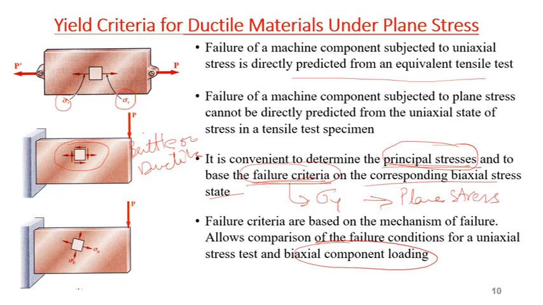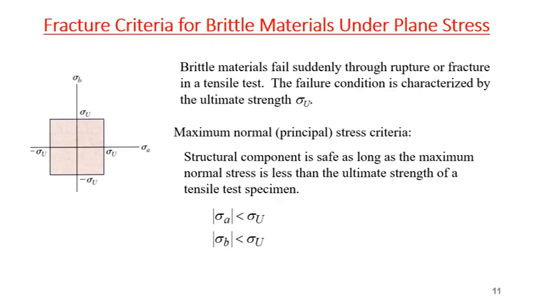So they are linking the material property with the biaxial or plane stress state. But later, when you study mechanics of solids 2, this will extend to the 3D case as well, the general state of stress. Okay. Now the first criteria, which is for the brittle material, we call the maximum principal stress criteria under plane stress.